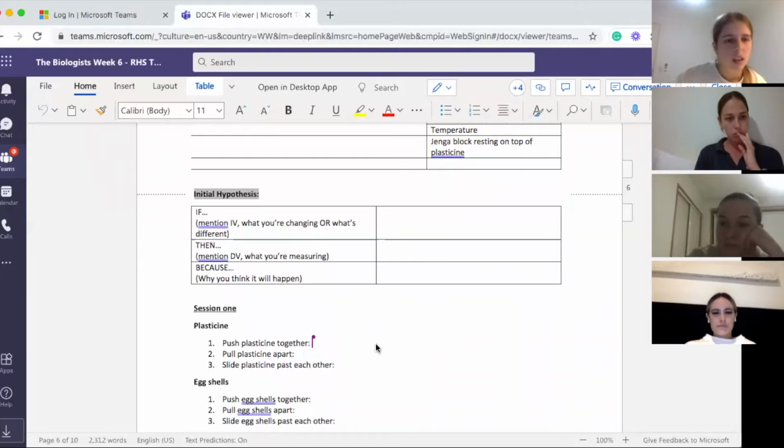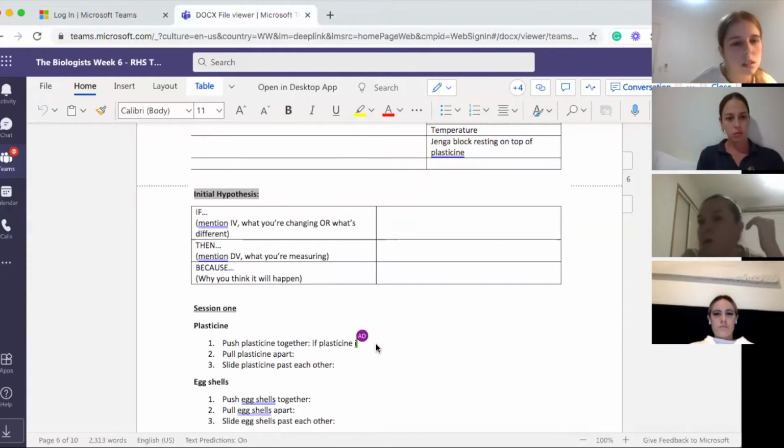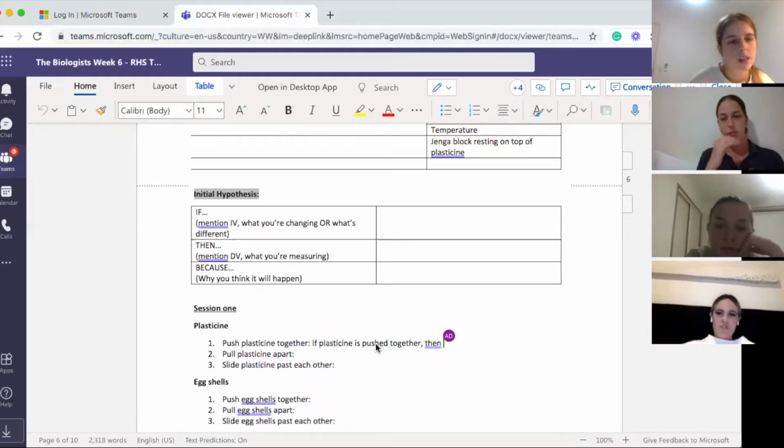I feel like when we push it together, it's obviously going to move, and not just bounce off each other. They're going to combine. So if we apply force and push the 2 pieces together, then they'll join.